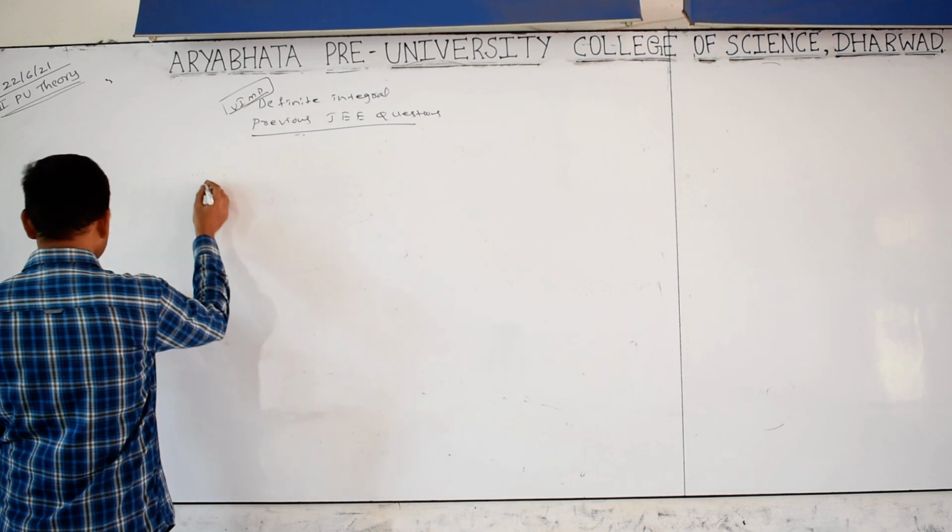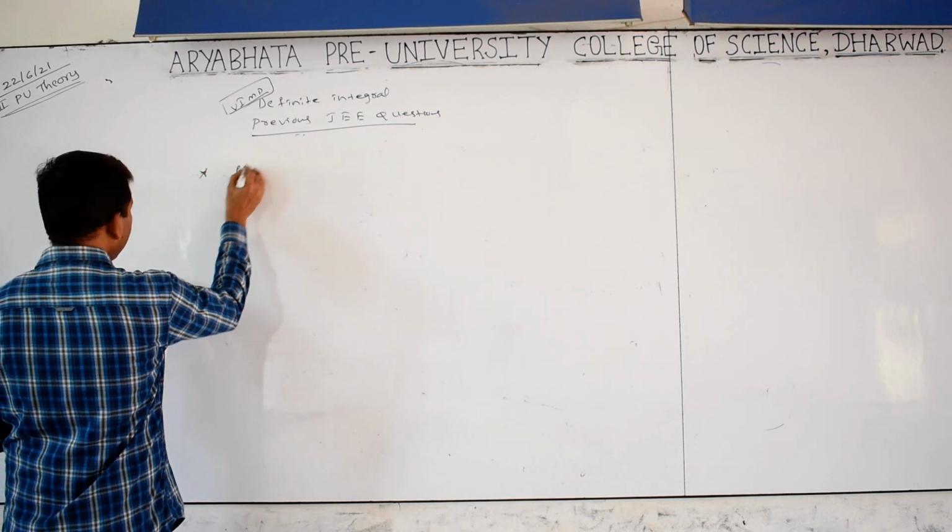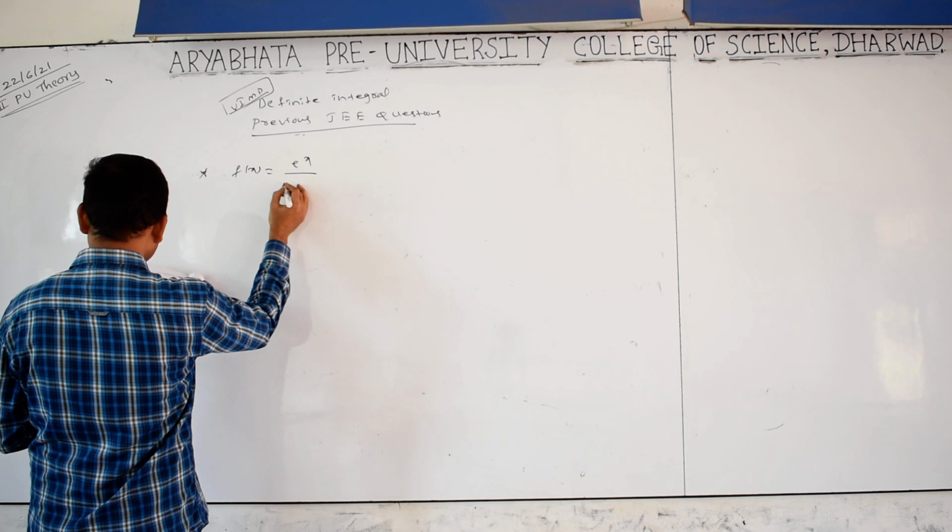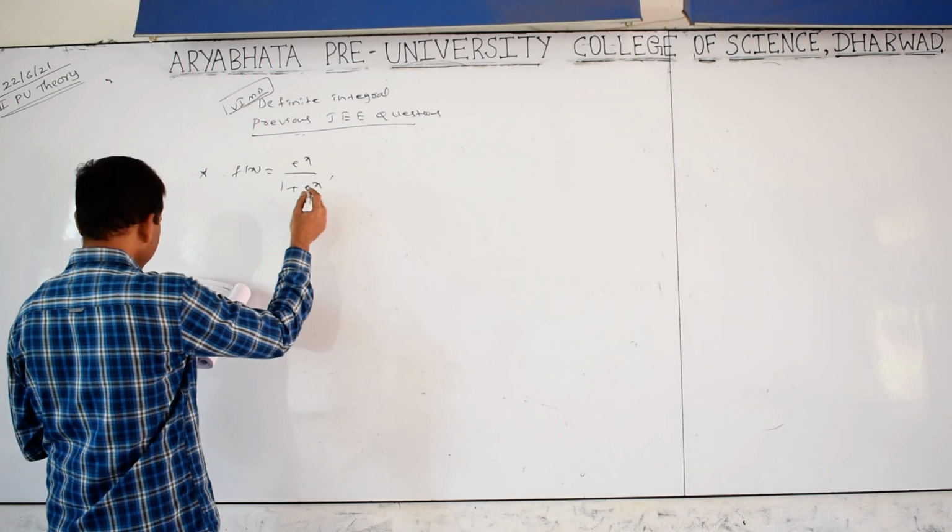Next question: f of x equals e power x by 1 plus e power x.